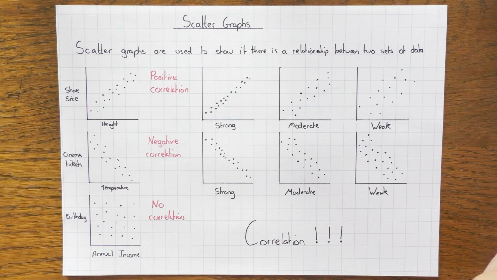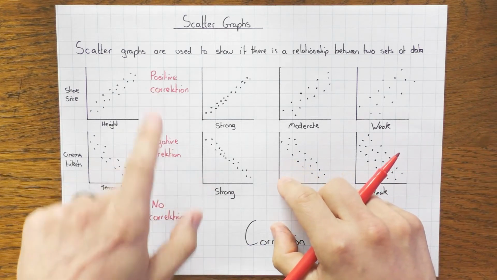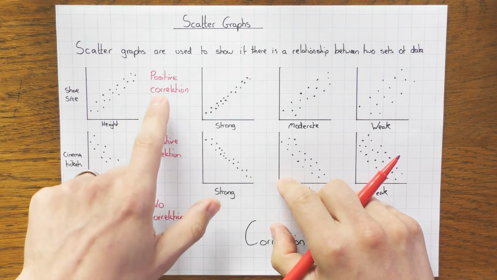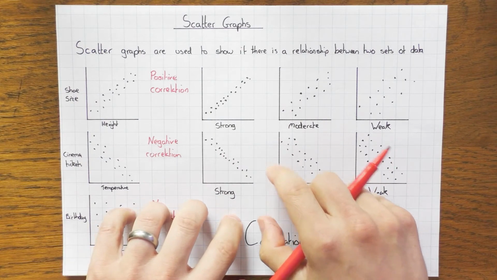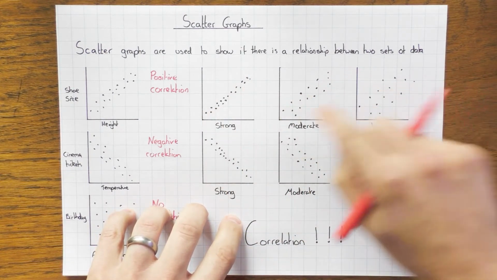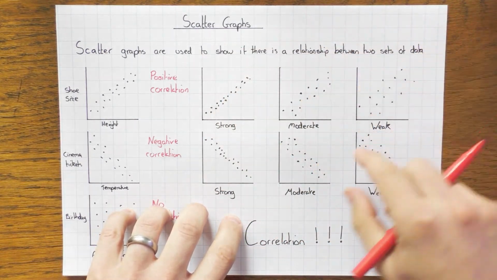Okay. Now you can get a little bit keen and you can have different types of positive correlation and different types of negative correlation. So here we have three cases of positive correlation. All of these are increasing. Okay, going up like that, absolutely fine.